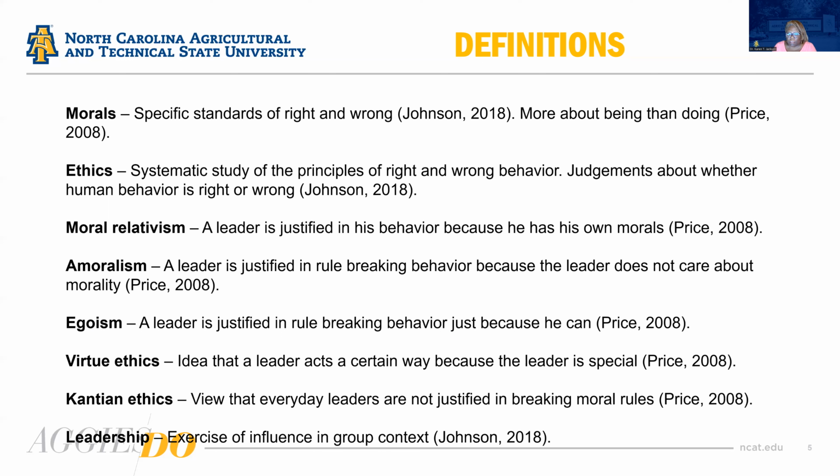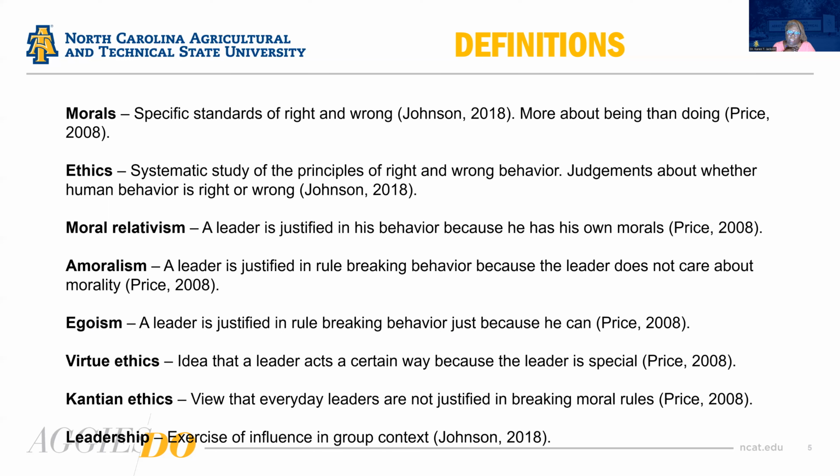Now, Kantian ethics is the one that gives us the ability to look at leaders in their everyday behaviors and think about how they justify their behavior, but develop arguments to support the position that they are not justified in breaking rules.